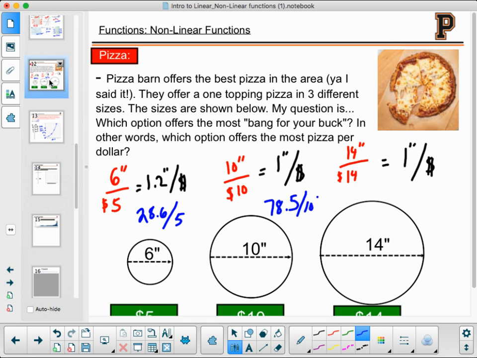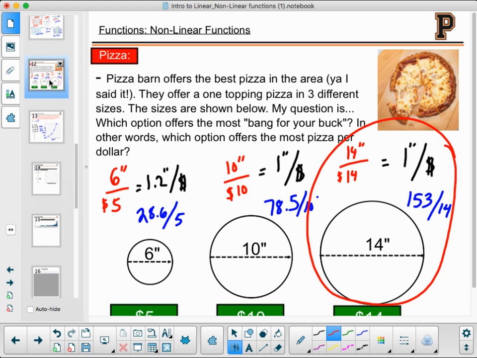And the last one was 153, I think it was, per $14. When you do the math on all of that, the best possible option is actually the 14-inch pizza, in terms of per dollar. Large units, best per 1 unit.